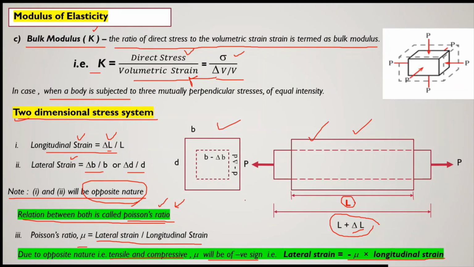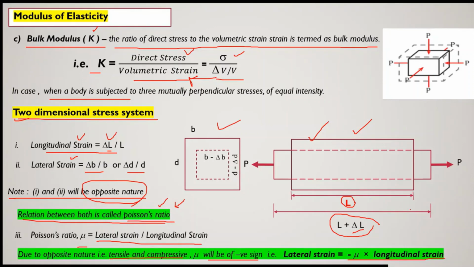So in the next class we will go through more details, where we will be able to calculate the extension in a member in terms of numerical values.